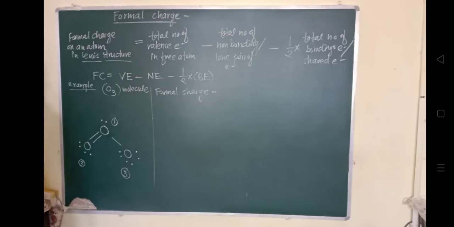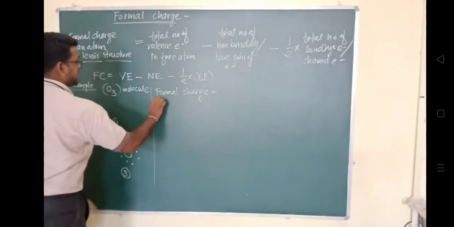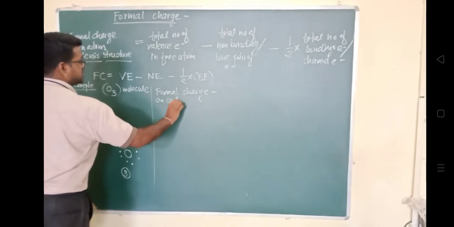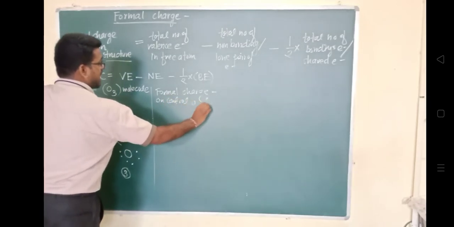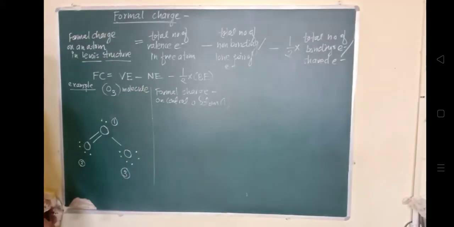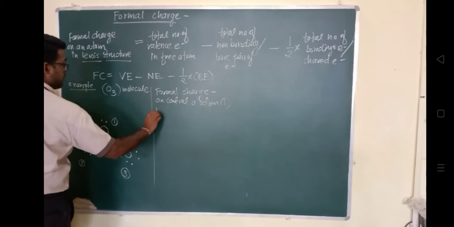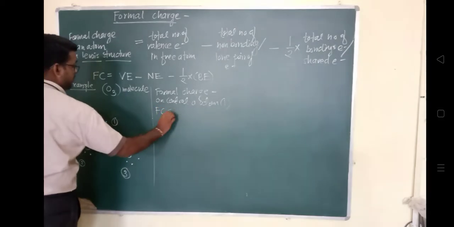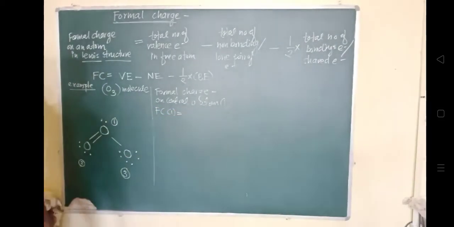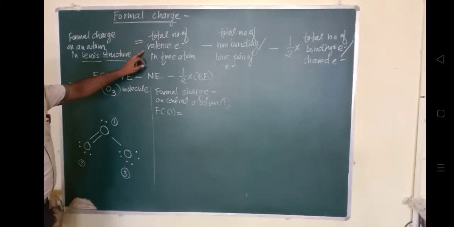Now we'll find out the formal charge. Okay, so very first on the central oxygen atom, and that central oxygen atom is number 1. So what is the formal charge for the very first atom, the first oxygen atom? The formula is total number of valence electrons.